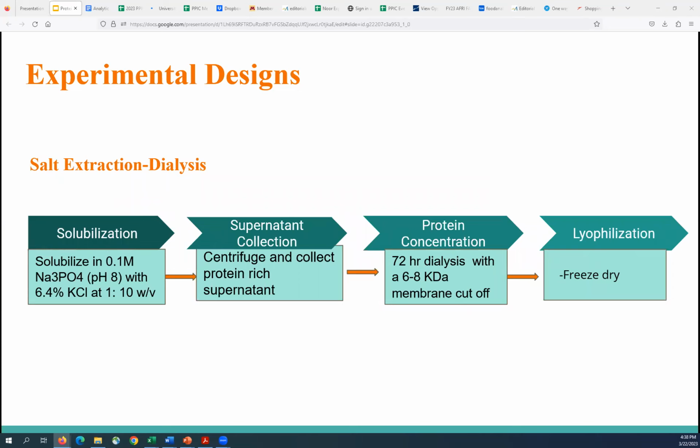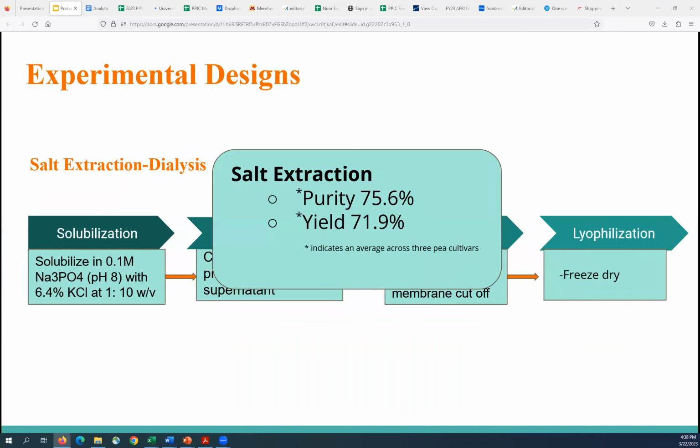Salt extraction: the key point is the pH stabilization, and we also have to use the dialysis membrane with the specified cutoff molecular weight. The results are extraction purity of around 75.6% and yield of around 72%.